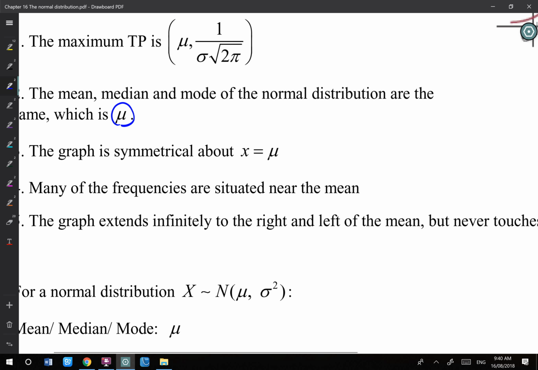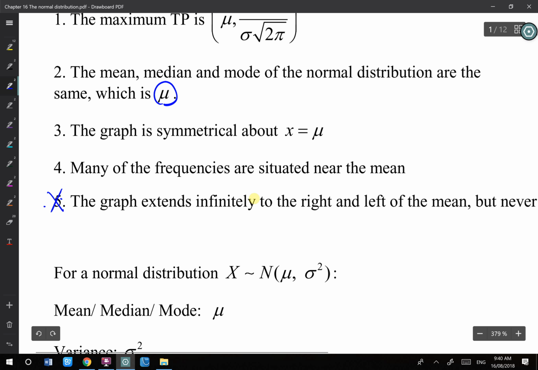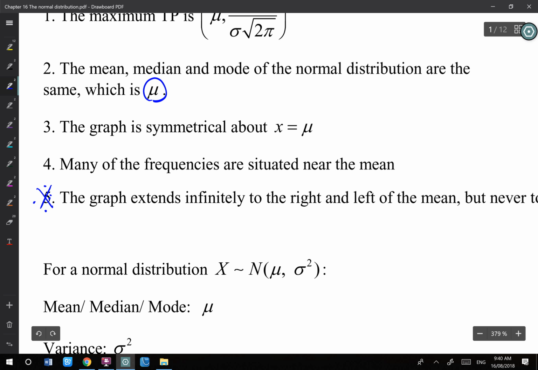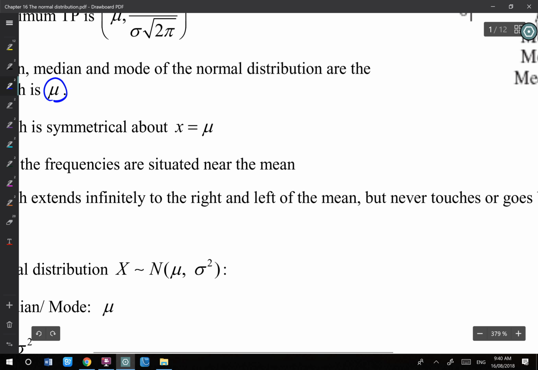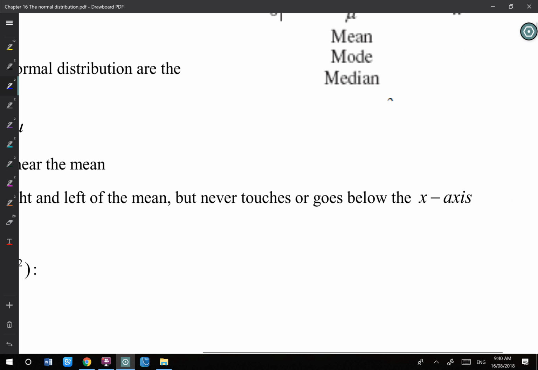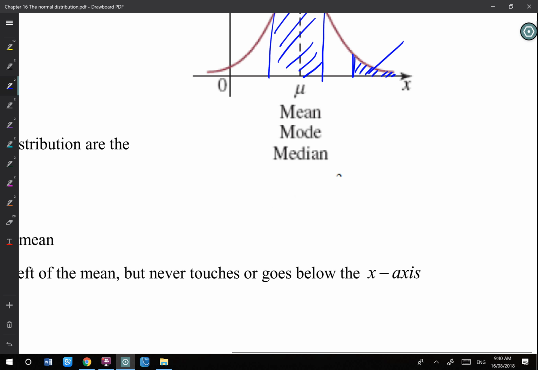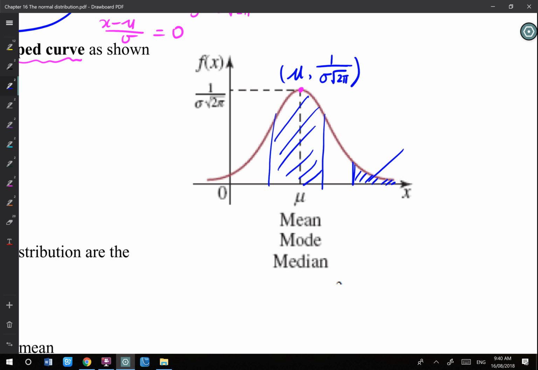Very, very important thing for number 5: the graph extends infinitely to the left and right of the mean, but never touches or goes below the x-axis. This is not a hybrid function, it's just one function because the domain is R. And it's the same as the exponential one.